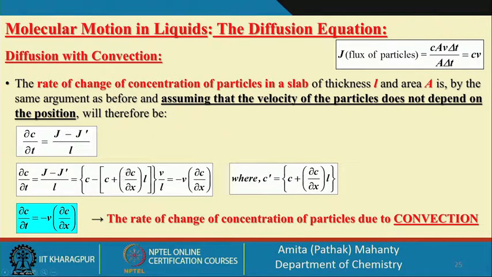So, what you have is dC by dx with a negative sign.